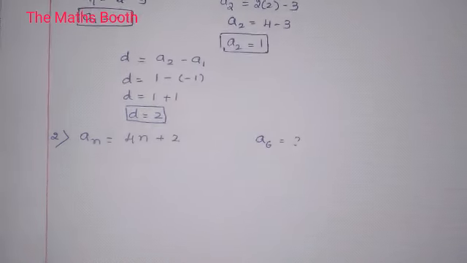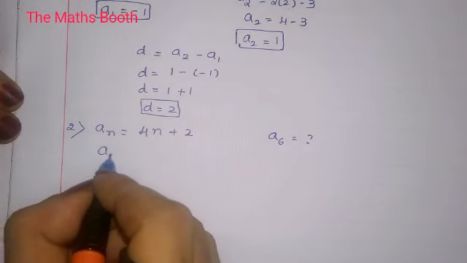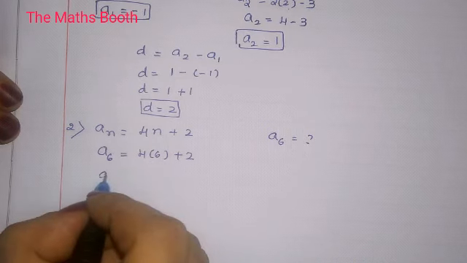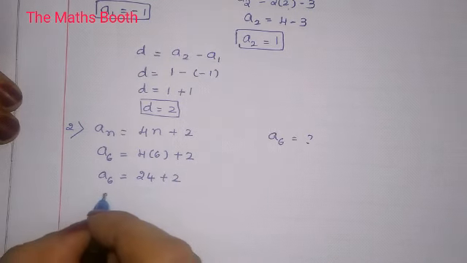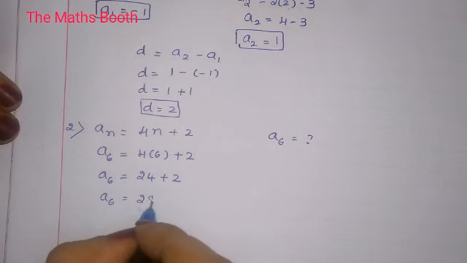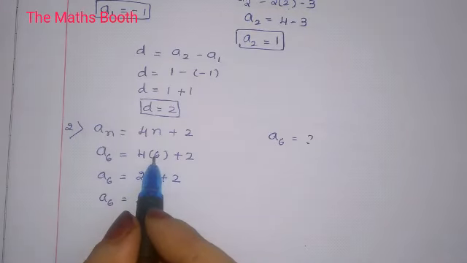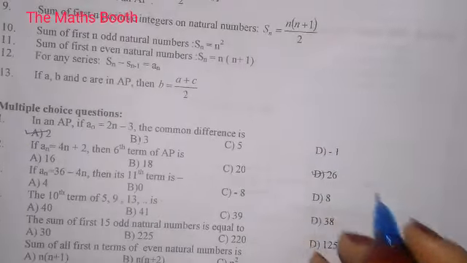So let us find a6; in place of n we substitute 6. a6 is equal to 4 into 6 plus 2. 6 fours are 24, plus 2, and a6 is equal to 26. So the correct answer is D, 26.